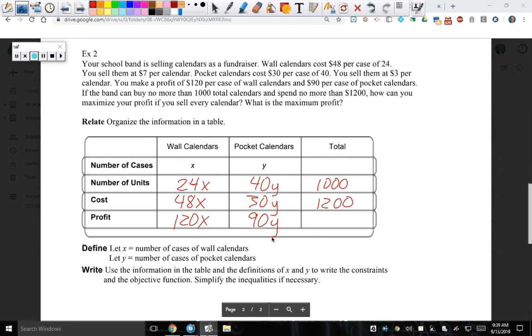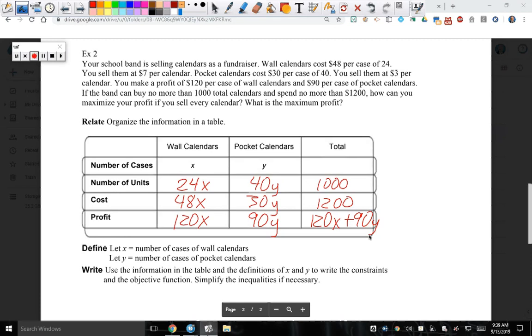And last but not least, let's go with Aaron. What would you write for the total profit equation? Help her out, Joel. 120x plus 90y. Nice, yes. 120x plus 90y. No worries. This one takes a little bit of thinking about what we are actually adding together for that profit. Okay?